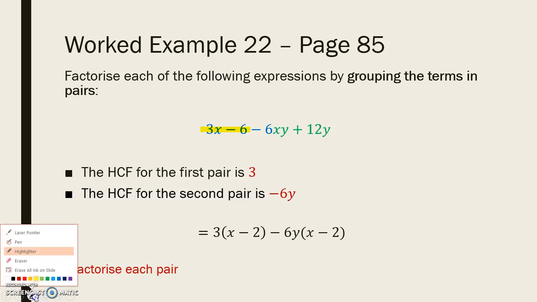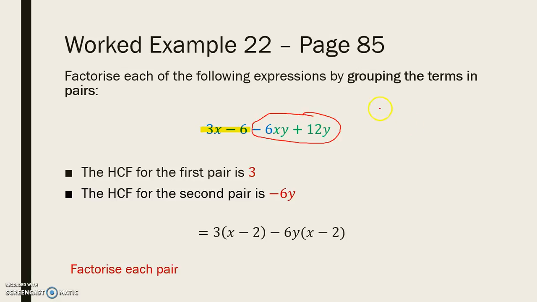Now, if we didn't take the negative out, we end up with this. So let's just consider this second term. Let's say we took out positive 6 as our factor. What's left in the bracket? Positive 6y.